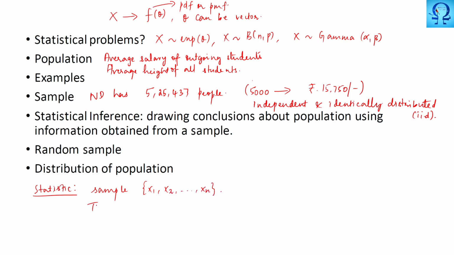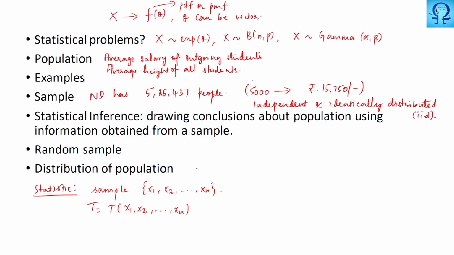Okay, and we define some function of the random variables in the sample, T. So now this T is another random variable which is a function of the random variables in the sample, and this is known as a statistic. Do not get confused with the terminology statistics, the subject of mathematical statistics, and statistic, which is a function of random variables in the sample.